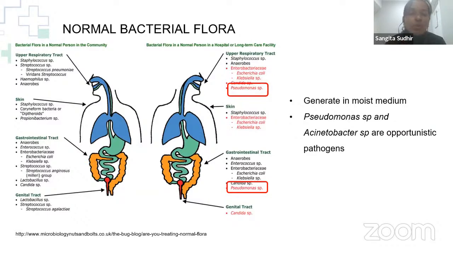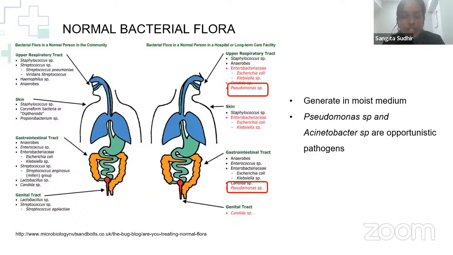They are not commonly seen as commensals, especially Pseudomonas, except in certain cases, like in the upper respiratory tract and GI tract, where they are colonizers, but not Acinetobacter. But both of these are usually opportunistic pathogens when there is an abnormal host immune response.